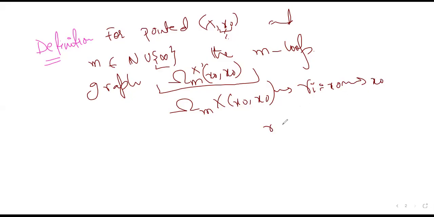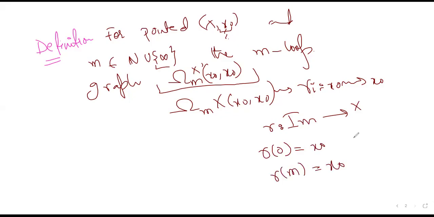And what type of map? This is a map from I_m to X such that if we substitute 0 we get x naught, and if we substitute m we get x naught. Gamma is a loop from x naught to x naught. For length m, all the loops in this graph are vertices from x naught to x naught.